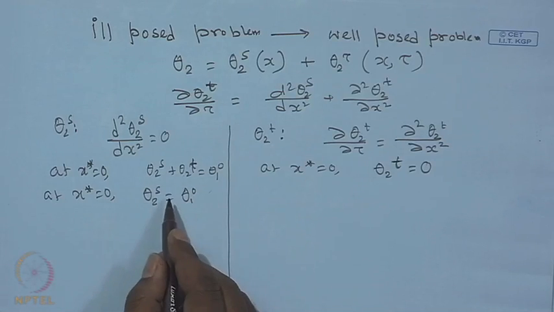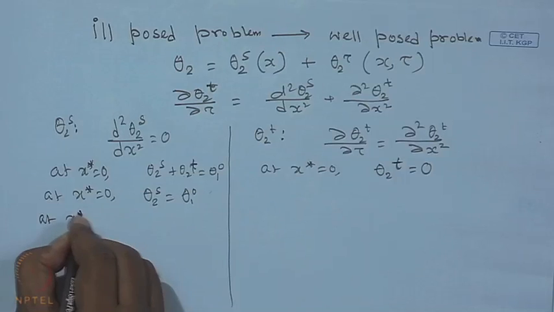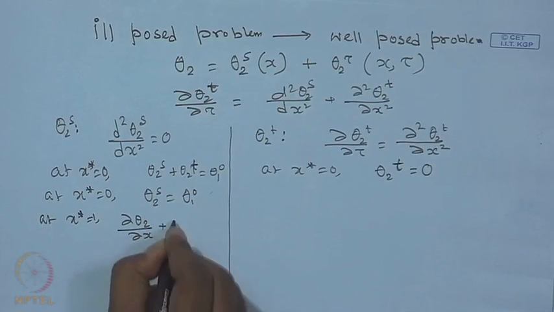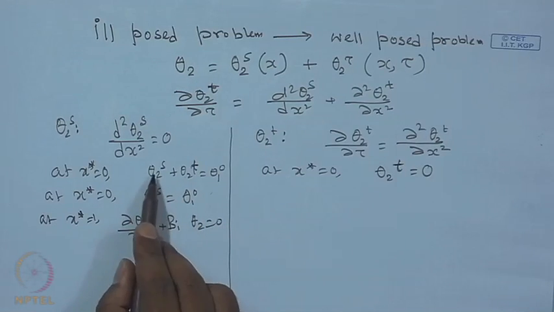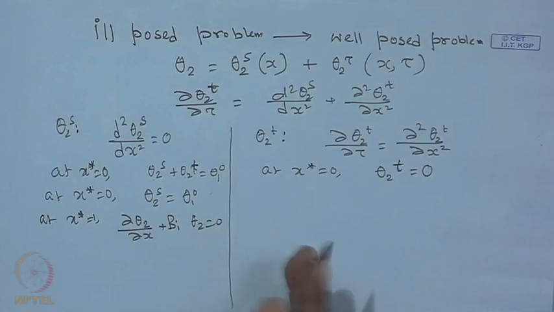Now, let us look into the other boundary condition, at x star is equal to 1, we have del theta 2 del x plus Biot theta 2 is equal to 0. Put theta 2 is equal to theta 2 s plus theta 2 t, and then collect the similar order terms.